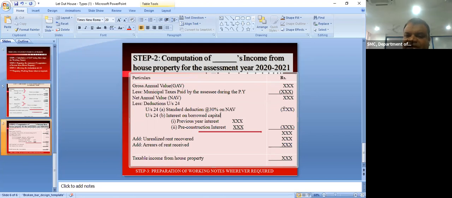Let us assume standard deduction 30,000, and previous interest and pre-construction interest is 10,000. So 30 plus 10, 40. So from 1 lakh minus 40, 60,000 will be your taxable income from house property. This is how you have to calculate the income from house property.